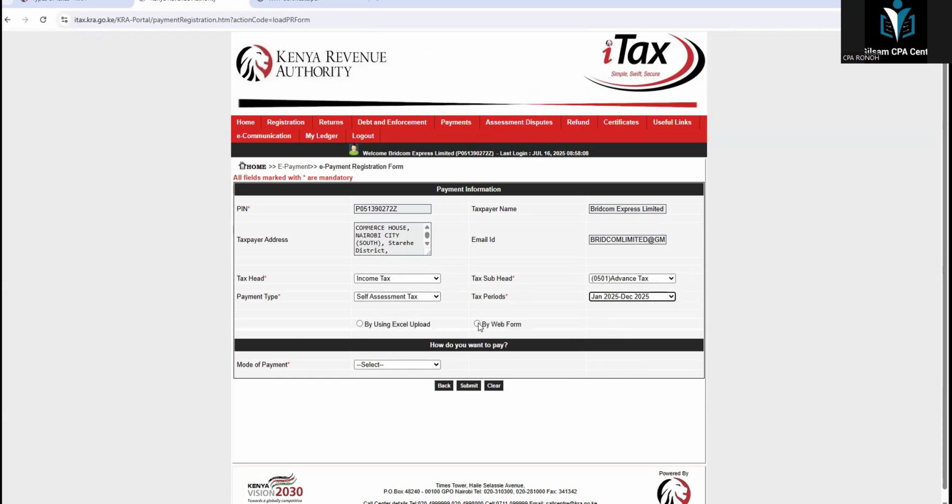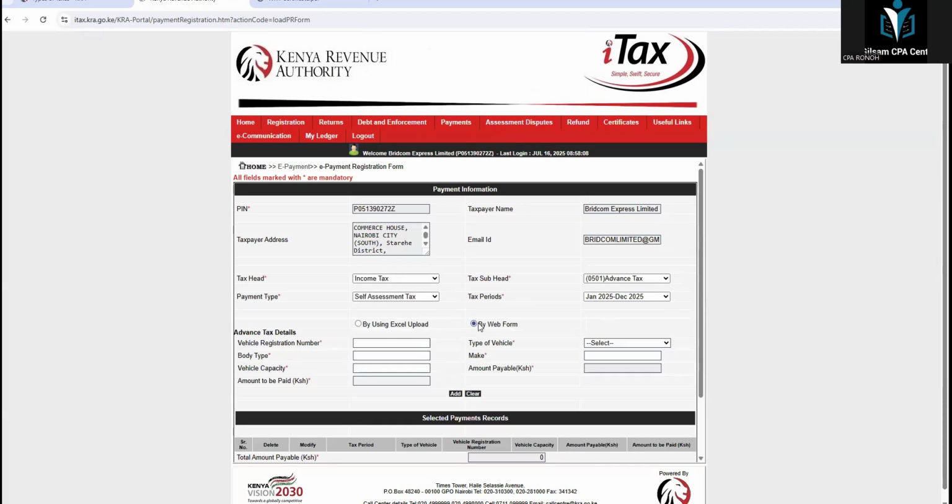And then by use web form, if it is 1 vehicle, then it will ask you for the registration number, the type of vehicle, luggage carrying vehicles, maybe if it is for delivery and all that. The body, maybe it is like Canter.